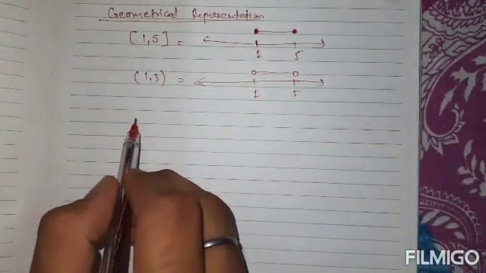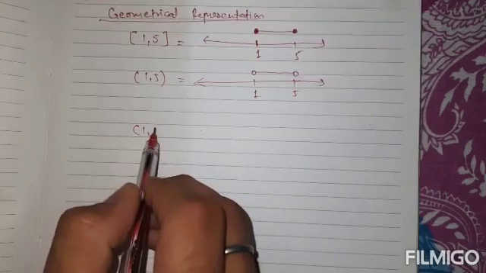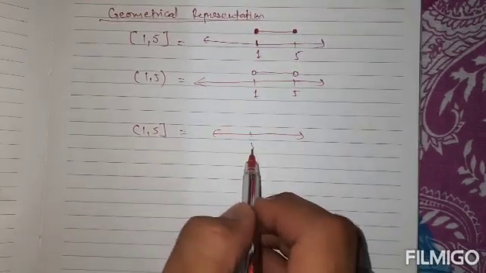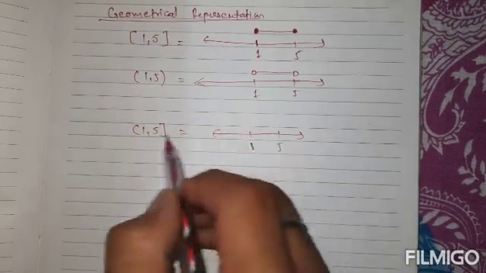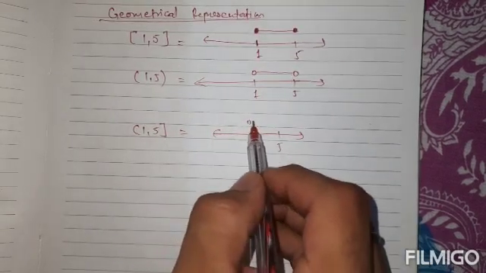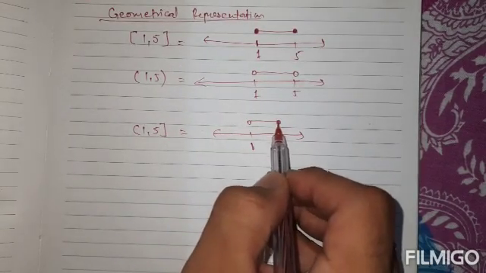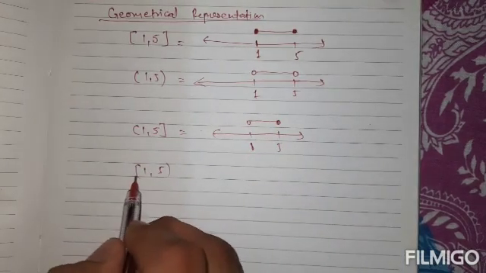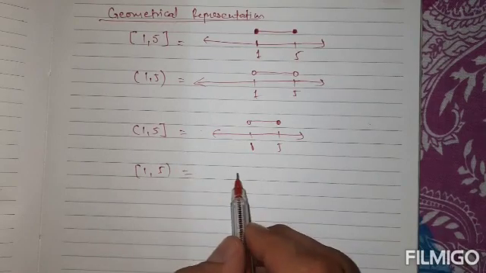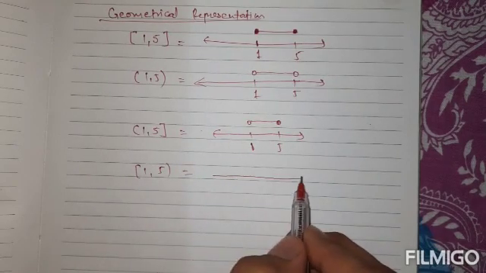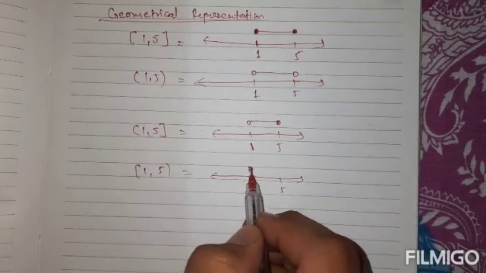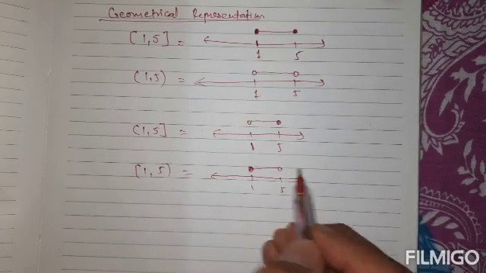Similarly for this one, 1 comma 5, here 5 is closed. For 1 we will use an open dot, and for 5 we will use a closed dot. And lastly for this one, here 1 is included, 5 is not included, so closed dot over 1, open dot over 5.